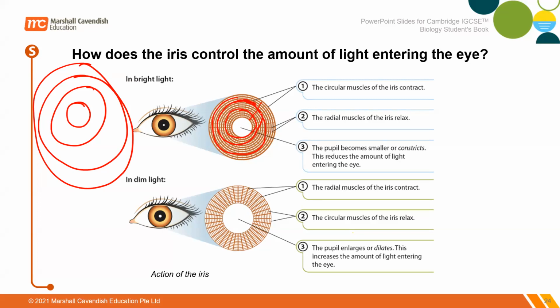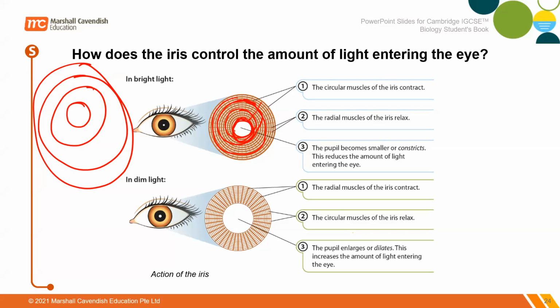When the circular muscle contracts, what will happen is the pupil becomes narrow. Okay, so this will protect, definitely this will protect the inner parts of the eye.